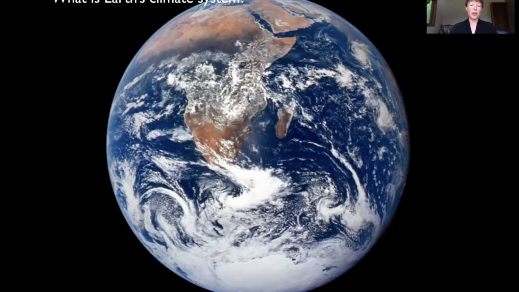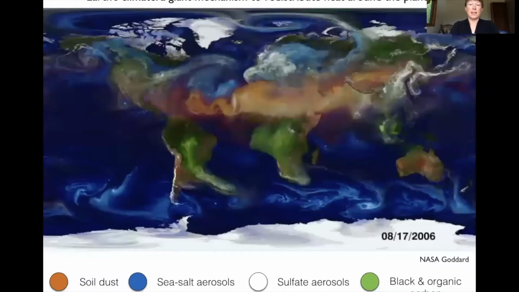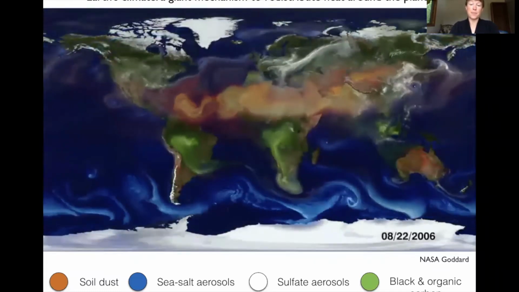What we're actually seeing here is the effects of convection in the ocean and atmosphere moving that heat around, okay? This is my, in a nutshell, overview of what Earth's climate system is that I teach my students in my climate class. It's a big mechanism that is trying to redistribute heat around the planet, okay?